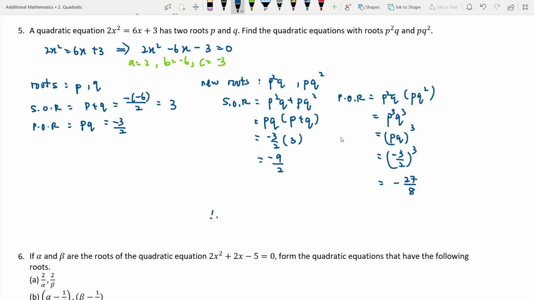Therefore, the new equation is x squared minus the sum of roots times x plus the product of roots equal to 0. Expand the bracket and multiply the equation by 8. We get 8x squared plus 36x minus 27 equal to 0.